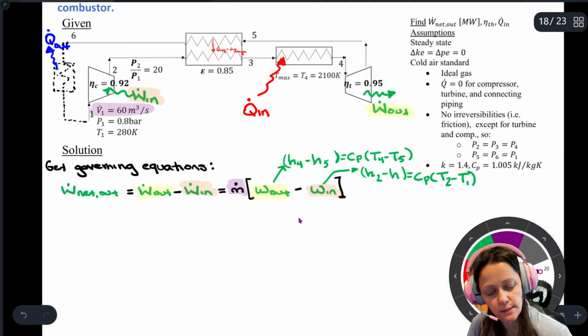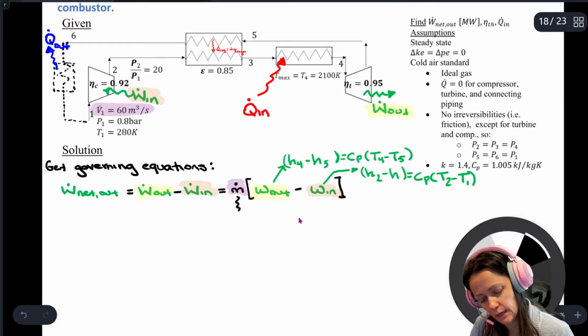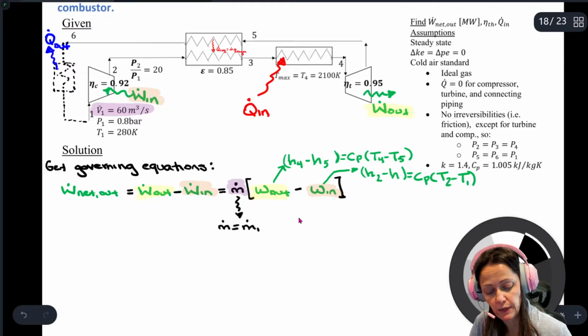So I think that's kind of where I'm going to start. This guy, m dot, doesn't matter where I look, I'm going to define him at state 1, but it doesn't really matter. It's the same wherever I look. So this is v dot 1 over the specific volume at 1.